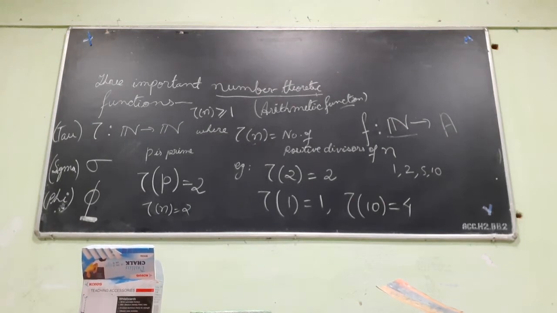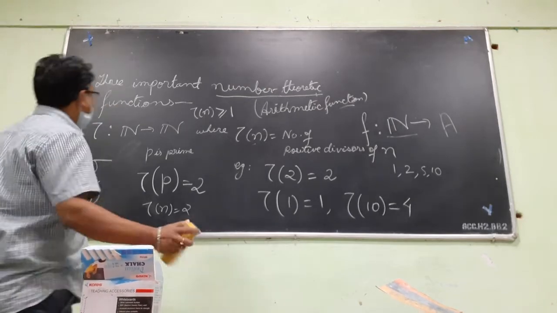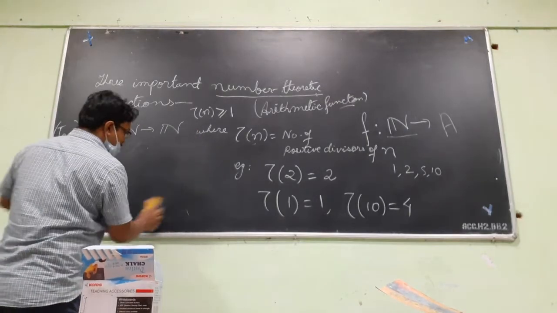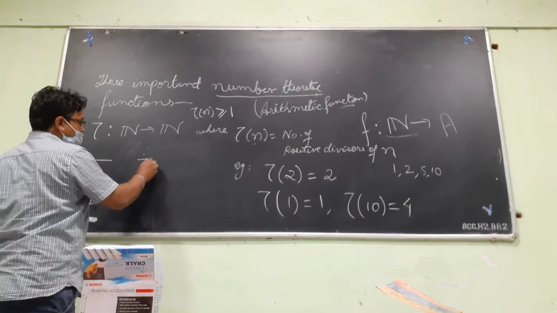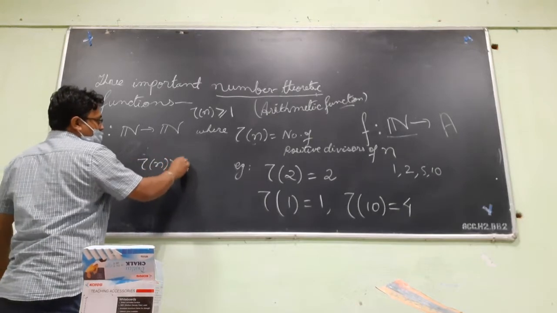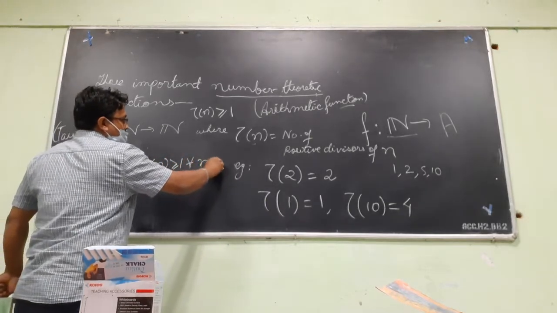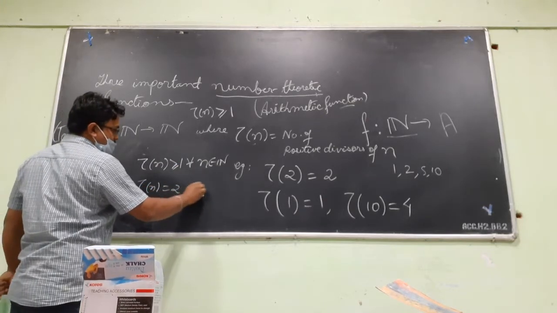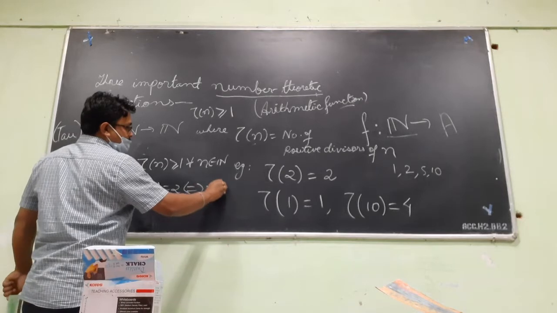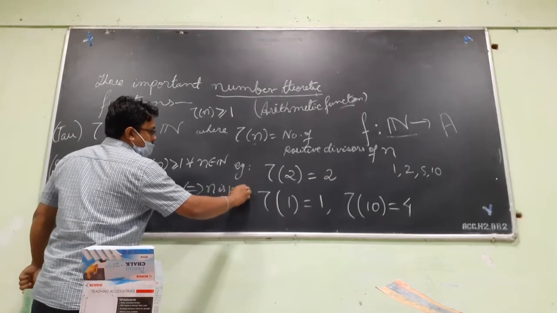A prime number has exactly 2. Any other number will have more than 2. So some observations that we can make are these. One is this: tau of n is always greater than or equal to 1 for every n belonging to the natural numbers. Tau of n equal to 2 implies and is implied by n being prime.